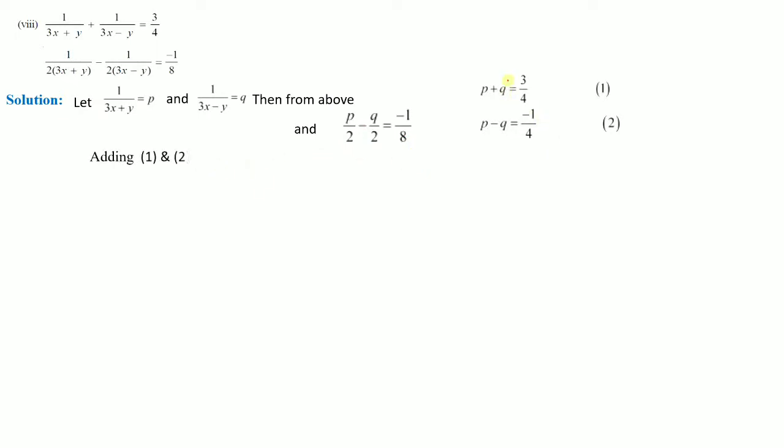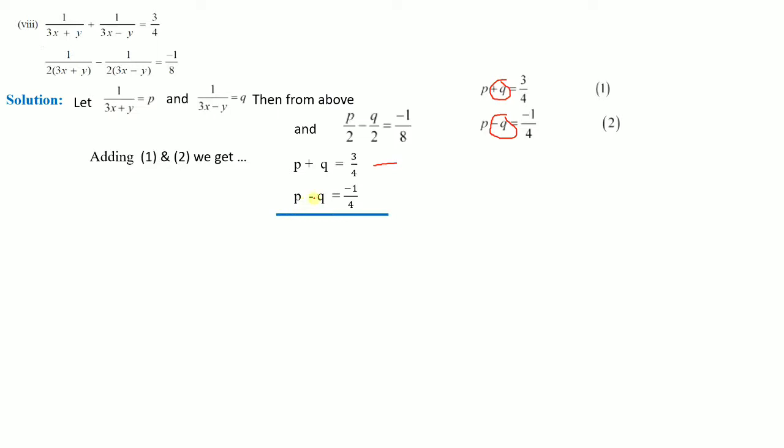Next is adding, because we have q as a plus and the other q is minus, so if we add these two, q will be eliminated. So we have p plus q is equal to 3 by 4, first equation, and p minus q is equal to minus 1 by 4, second equation.